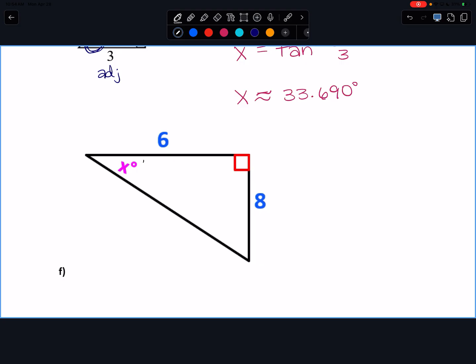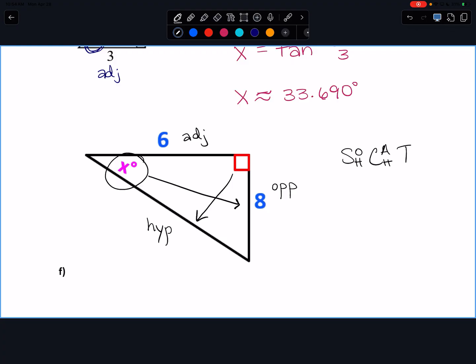I'm going to help because we're running out of time. So grab the angle. Side across from it is opposite. Across from the 90 is hypotenuse, which means the 6 is adjacent. So, SOH CAH TOA. Which side has nothing on it? Hypotenuse.